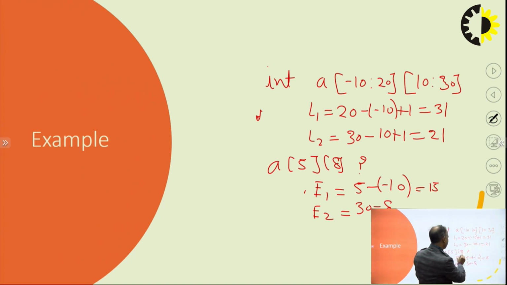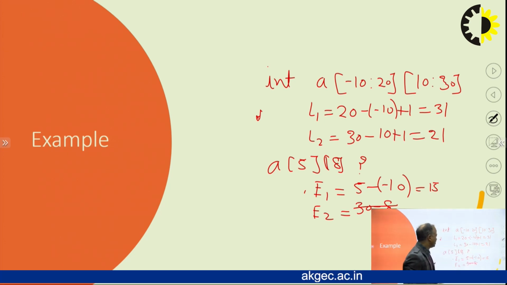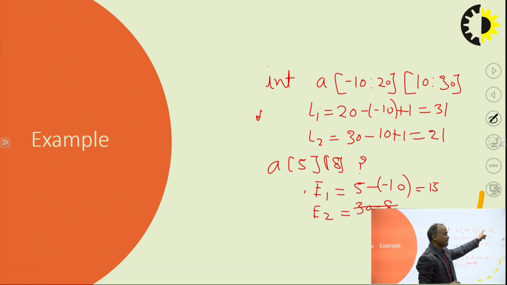Because we want to find out the address of the... this is not 30 minus 8, correct it. Basically you are at the 10th location, and actually you may replace not 8 here, you may replace it by 18, because the column size should be in between 10 to 30 and it is not correct here. So replace 8 by 18.